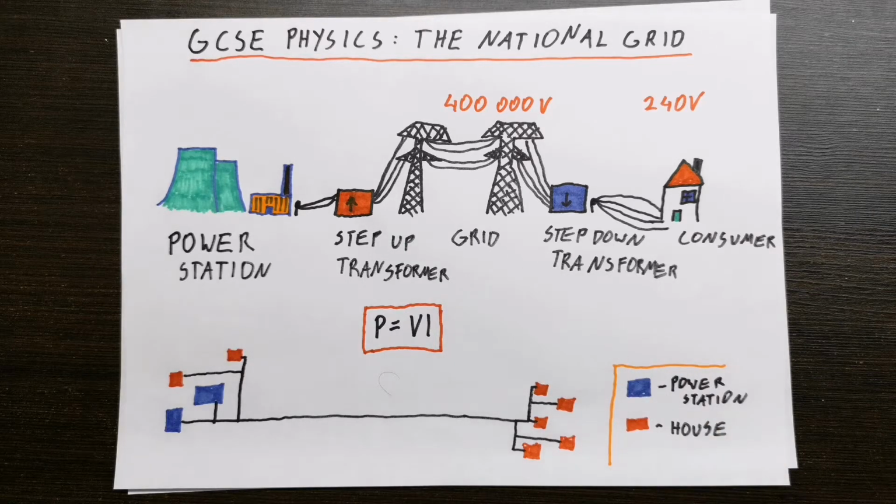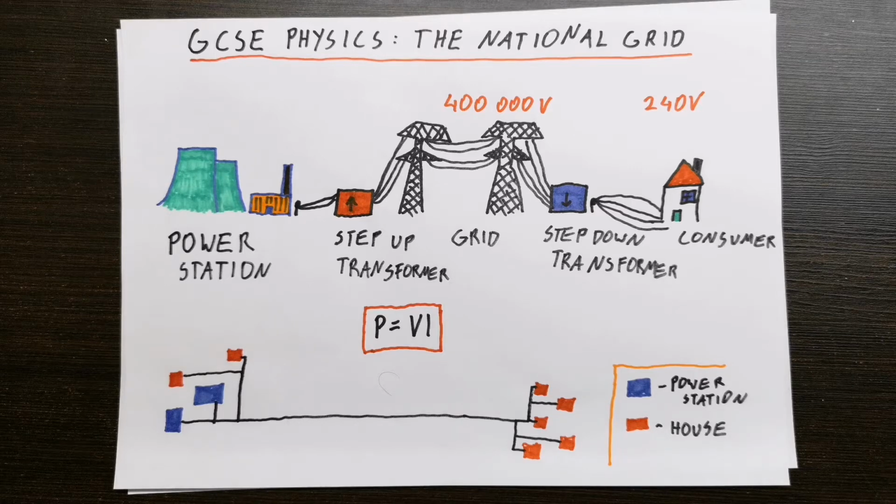The step-down transformer will decrease the voltage from 400,000 to, by the time it reaches the consumer, 240 volts. That varies in various other countries. In the European Union, it is slightly different, so it may vary between the countries.